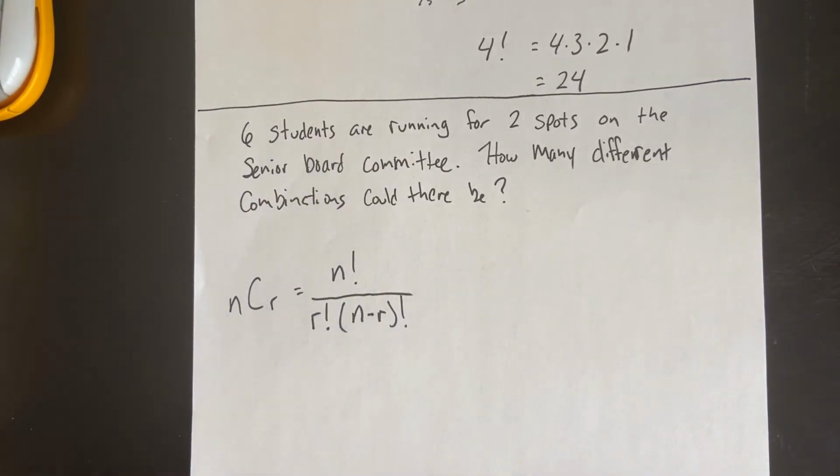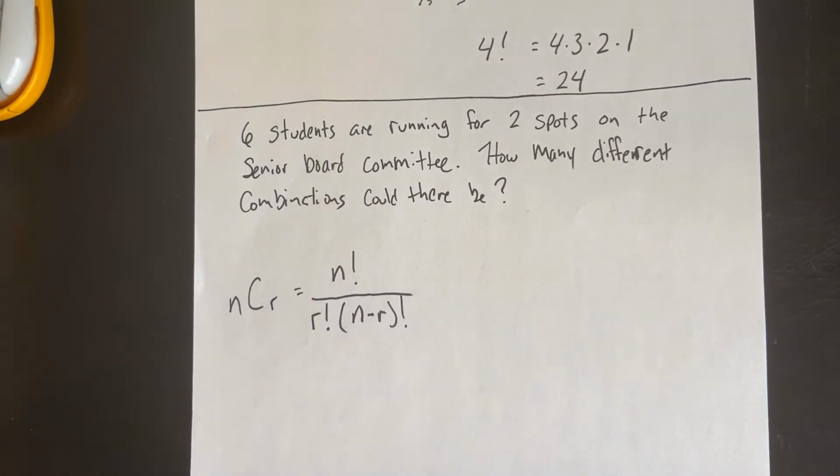Remember, in a combination the order does not matter. We have 6 students running for 2 spots. It doesn't specify what spots they're in, they're just part of a committee.